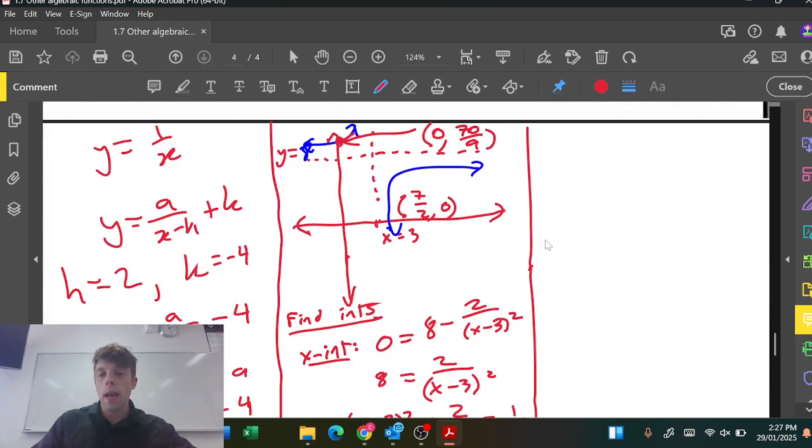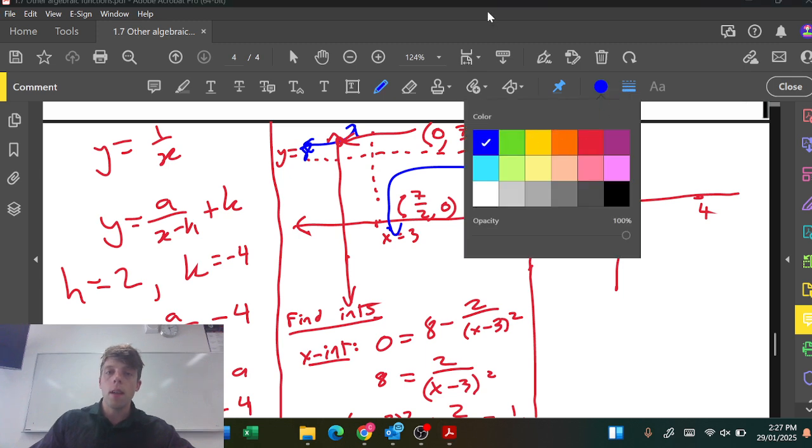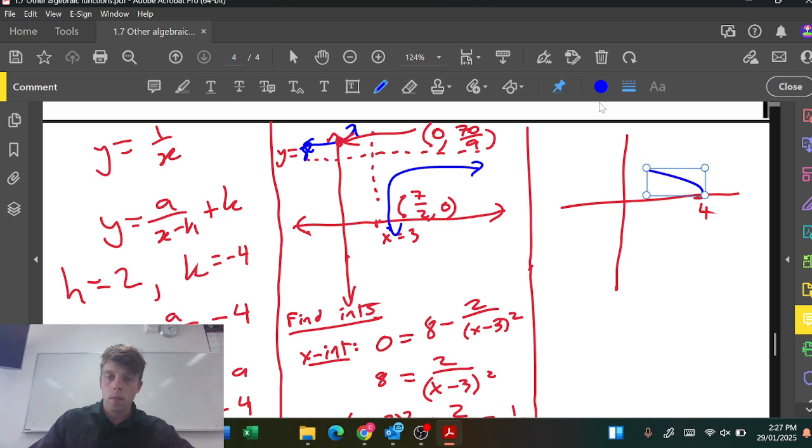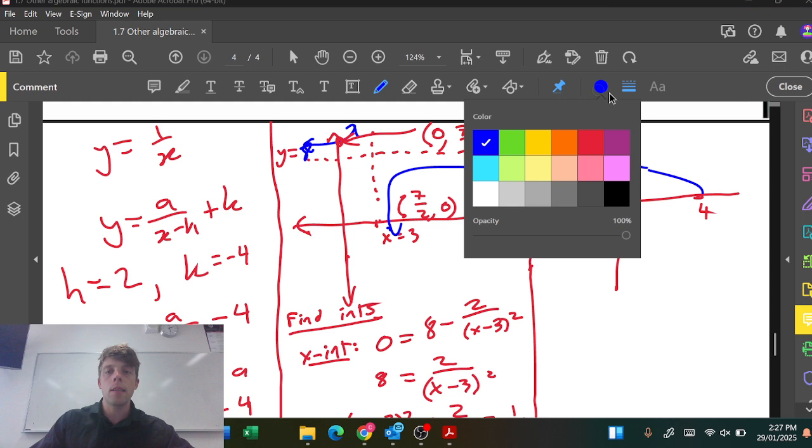So this graph is going to start at x equal to 4, and it's going to go backwards, like so. It's going to look something like that.